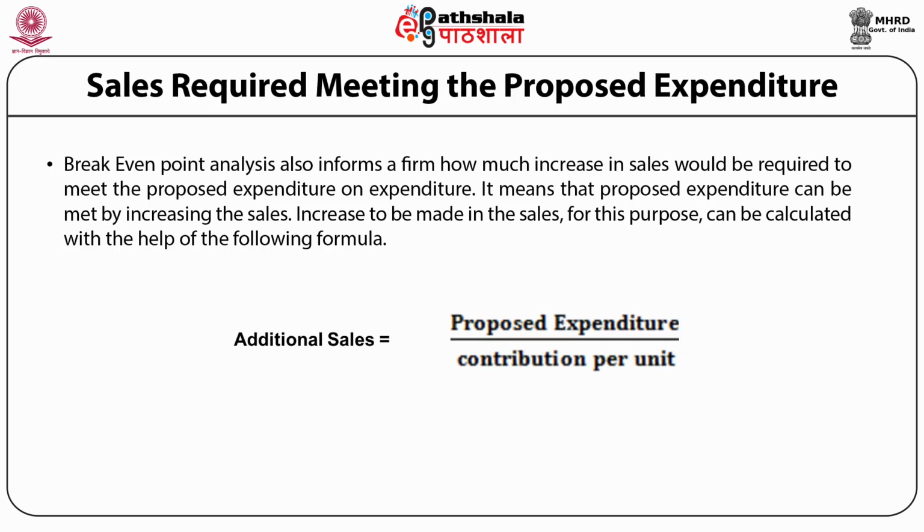Suppose the company wants to increase its expenditure by rupees 1 lakh and its present contribution per unit is rupees 50. So 1 lakh divided by 50 means the company has to increase its sales by 2000 units.